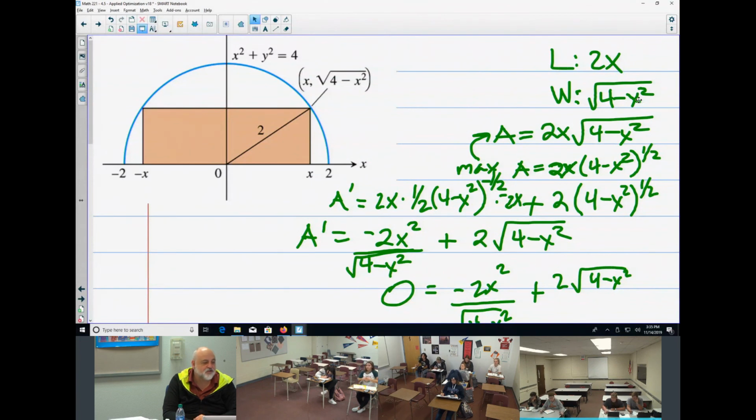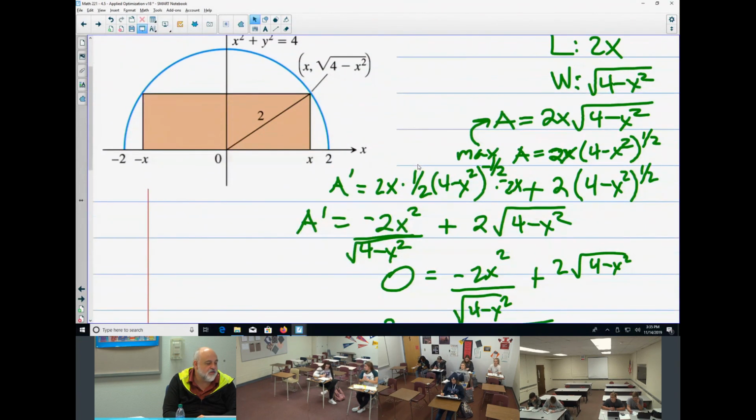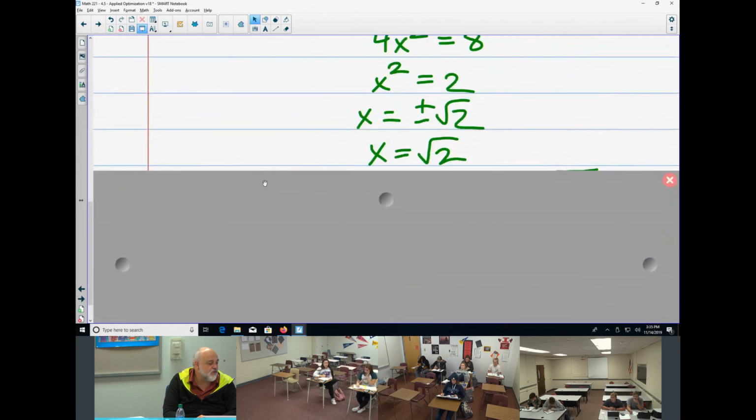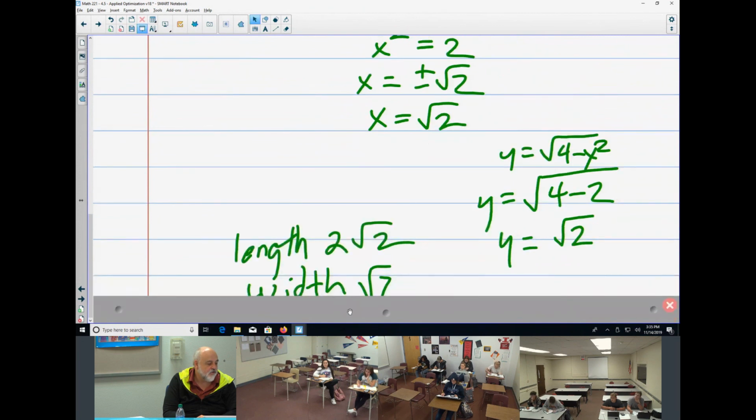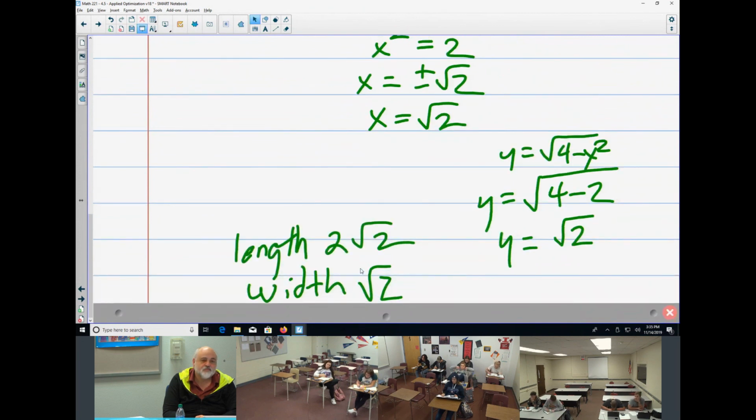Radical 2. So the dimensions of the rectangle would be 2 radical 2 by radical 2, and that would give us the maximum area. All right, any questions on that?